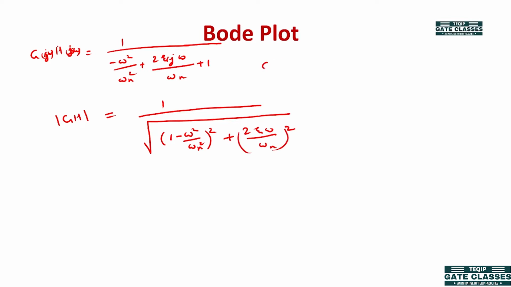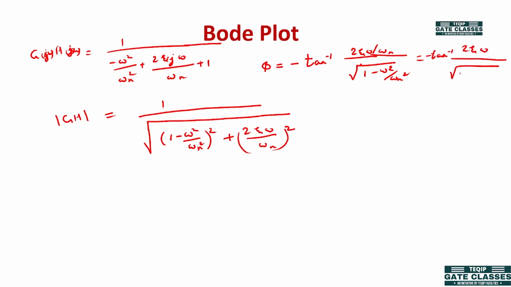And the phase angle phi would be equal to minus tan inverse of 2 zeta omega upon omega n upon (1 minus omega square upon omega n square), or you can write minus tan inverse of 2 zeta omega n omega upon (omega n square minus omega square).